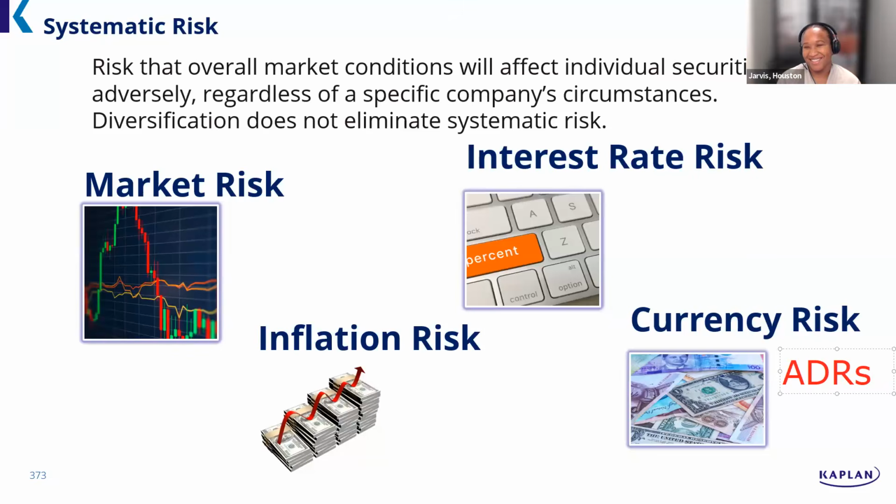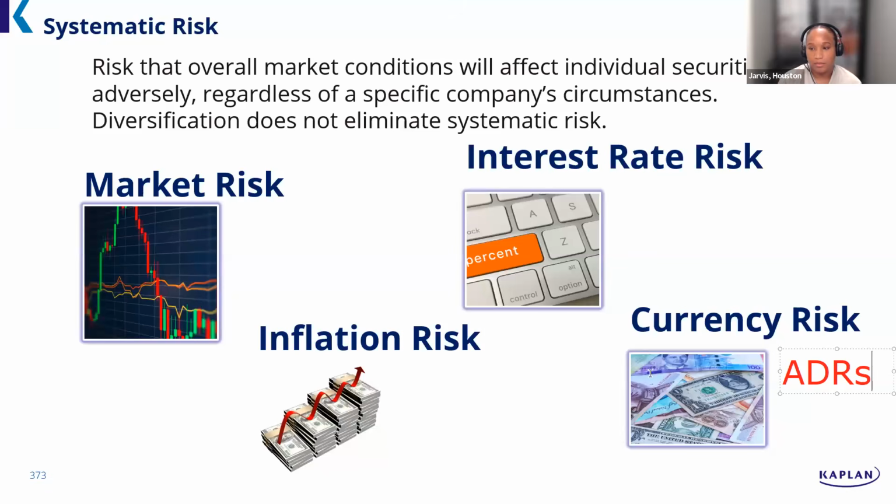ADRs. Yeah, the ADRs. Remember the ADRs? If that foreign business is conducting itself in that foreign currency, we have that foreign currency risk. I usually use Telefonos de Mexico, or if it's Heineken, that's a Dutch company, or Nestle, that's a Swiss company.